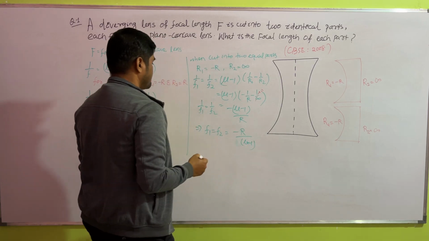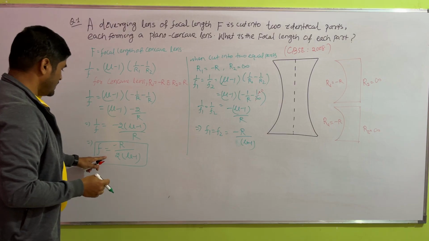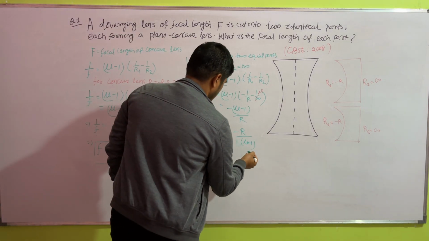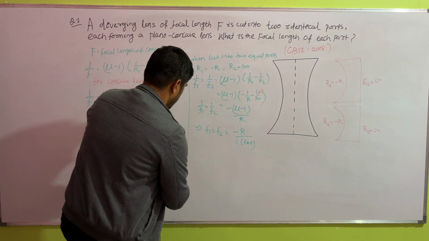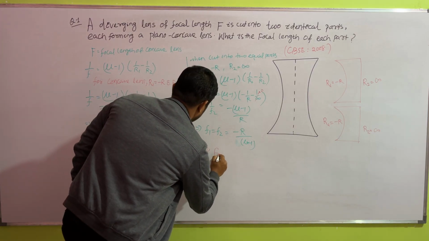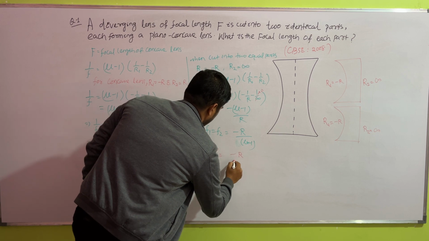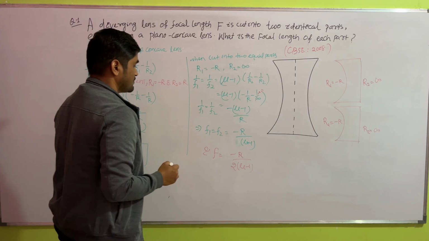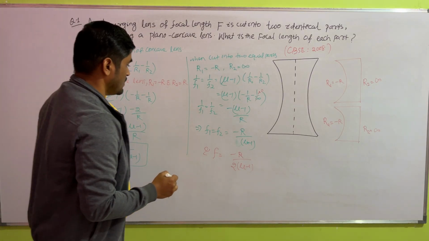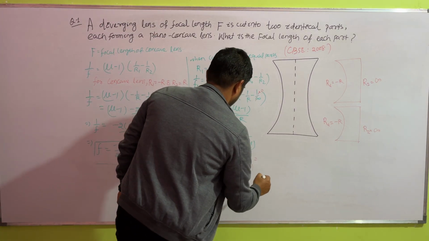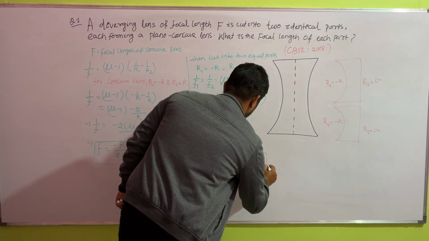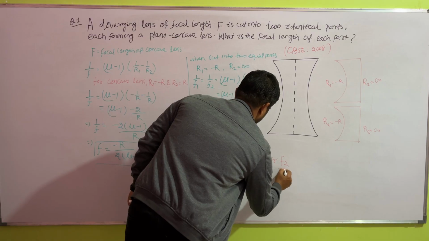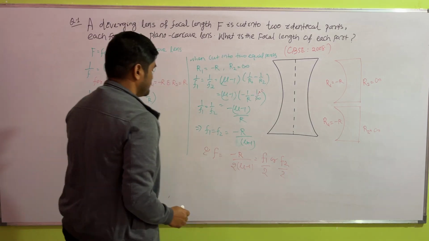That implies f1 equals f2 equals minus r divided by mu minus 1, and given f is equal to minus r divided by 2 into mu minus 1, that is equal to f1 divided by 2 or f2 divided by 2.